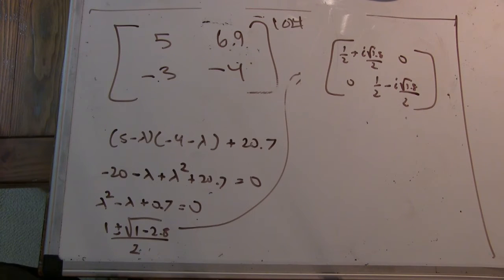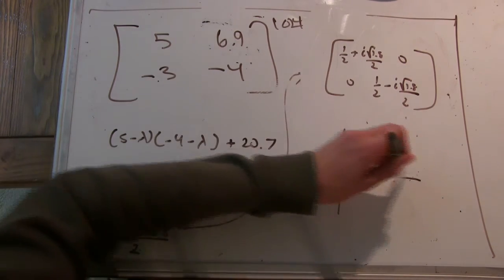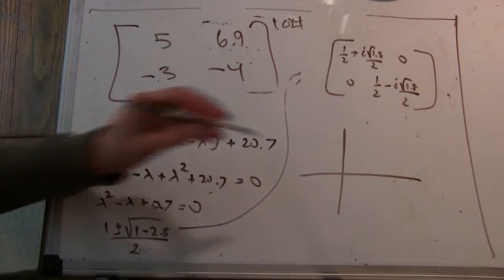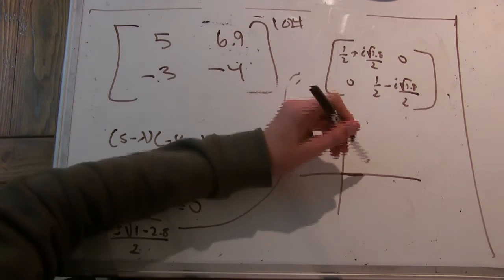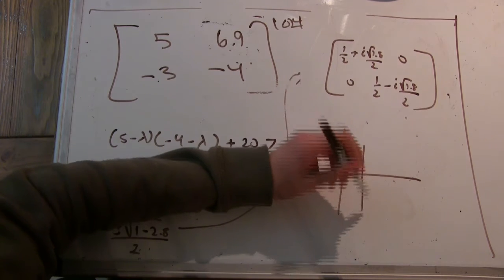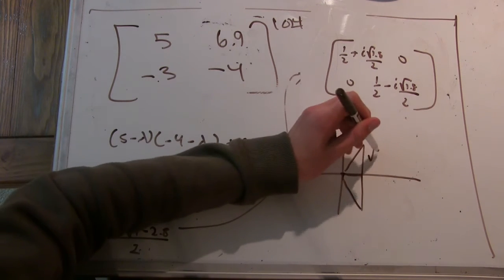I'm not sure if this is the best way to think about it, but we can do the same thing we did last time: we go over 1/2 and then up or down root 1.8.